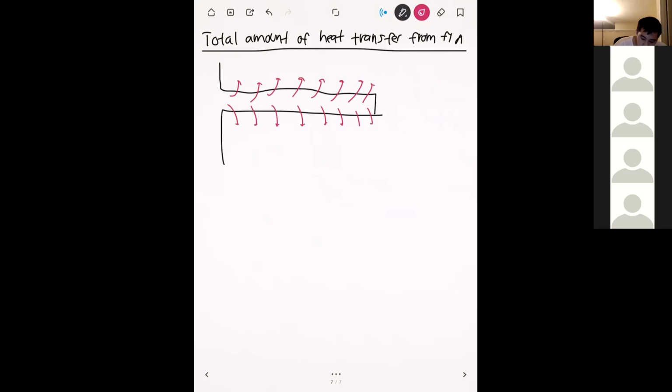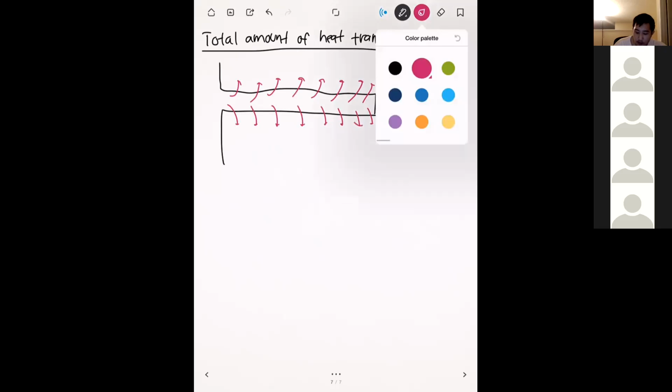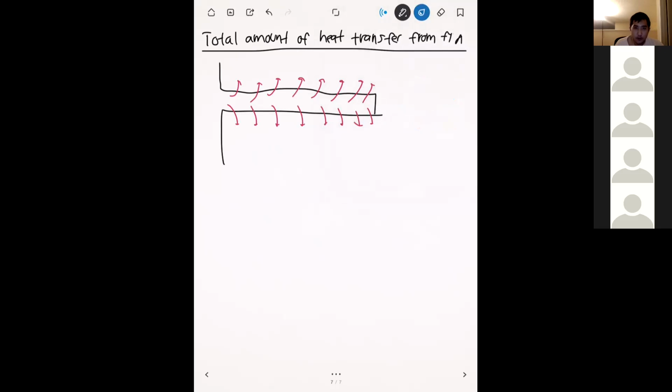If we want to compute all that heat transfer, what we can observe is that in order for any thermal energy to reach the outer surface of the fin, it has to pass through the base at some point.